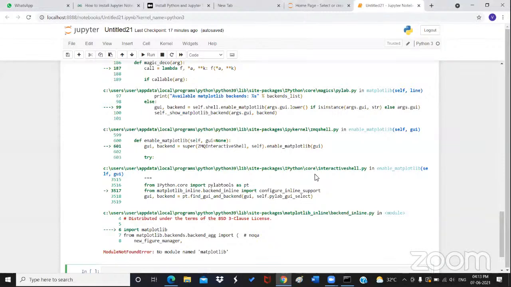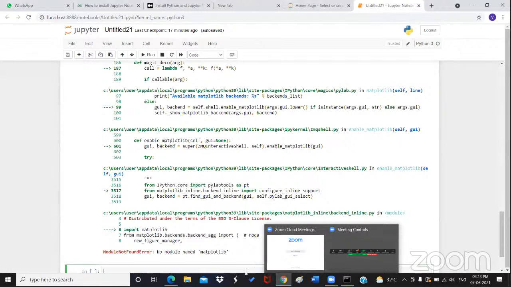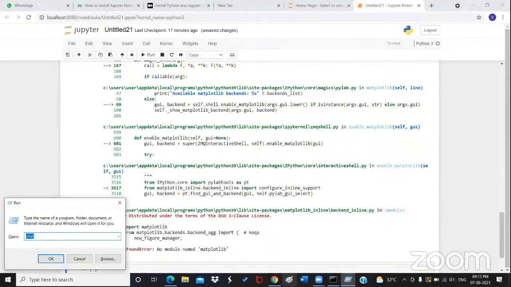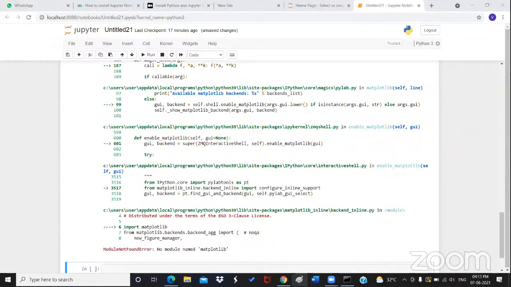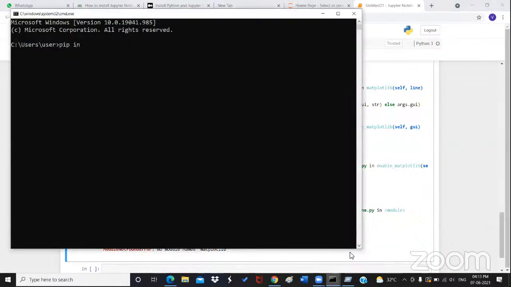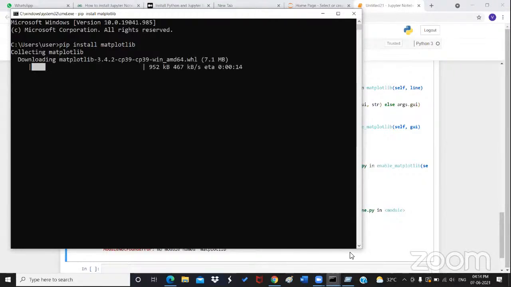Okay, can you try a pip install command? Pip install matplotlib, in the command line prompt, not here.